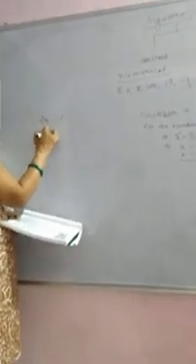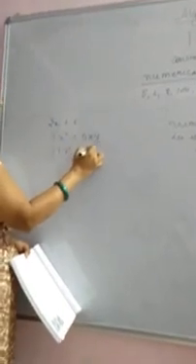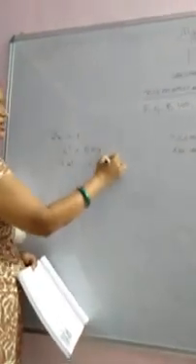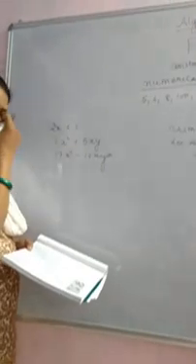Another example, 7x square plus 5xy is my algebraic expression. 17x square minus 15xyz is my algebraic expression. Right? So these all are algebraic expressions.